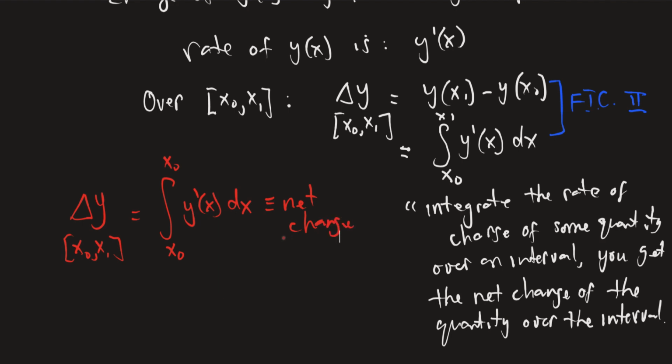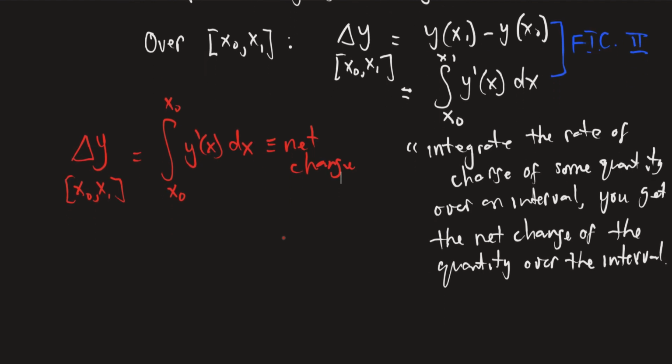Well, there are some other problems where you're not just looking for the net change, but you're looking for a final value. So what I'm going to do is take a look at this equation right here. I'm going to write these two, and these are equal.